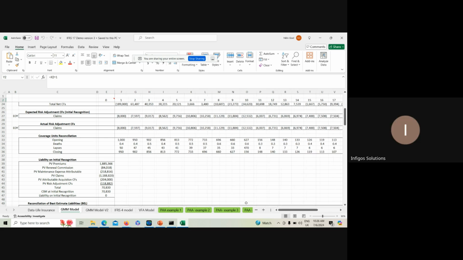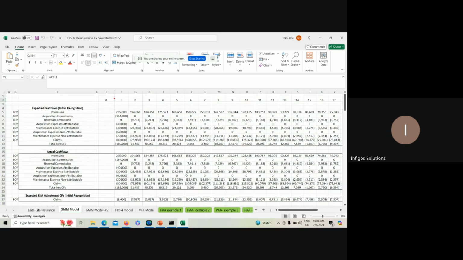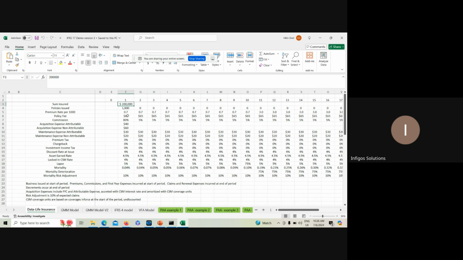So based on this, I will calculate my premiums. There are certain formulas which you apply to calculate how much premium I'm going to get out of 1,000 contracts. Are you with me? Yes, Nitin. So here I have this amount multiplied by this.